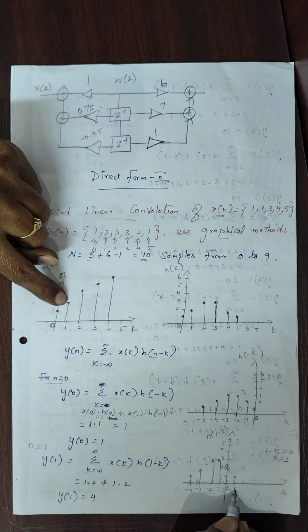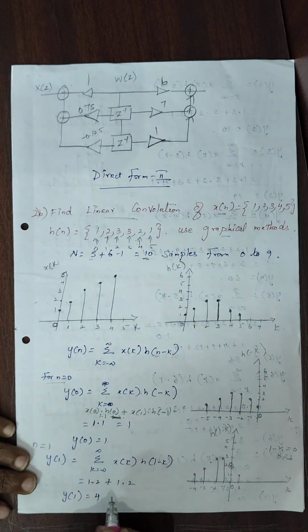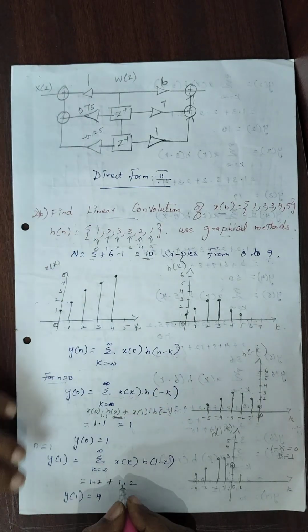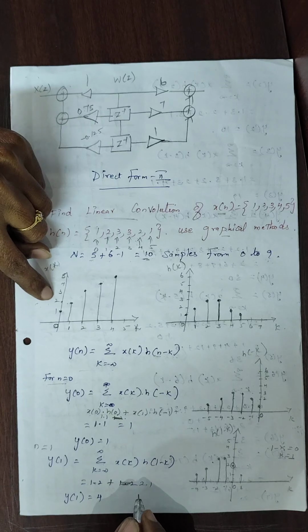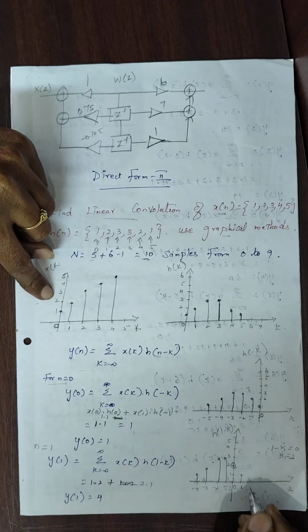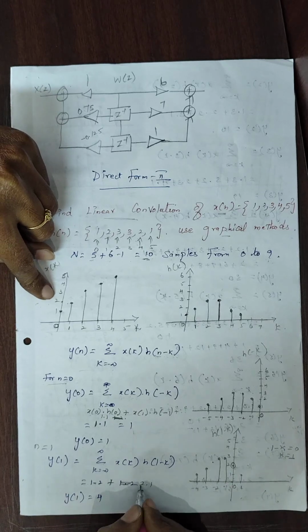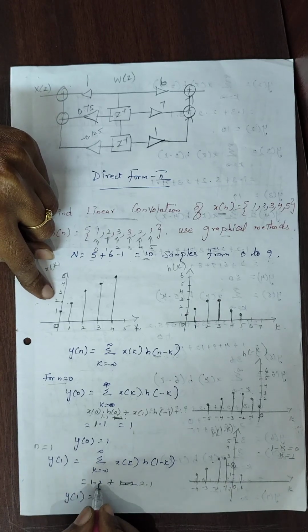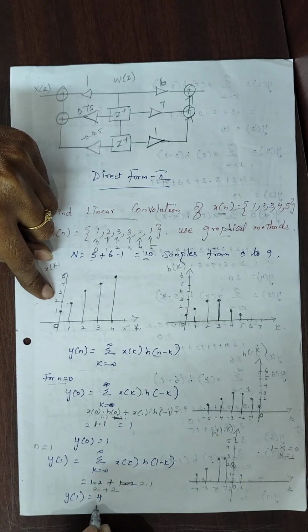Here it is 2 and here it is 1, so 2 dot 1. For x of k the value is 2 and for h of 1 minus k the value is 1. So 1 dot 2, the value is 2, plus 2 dot 1, the value is 2. So y of 1 is equal to 4.